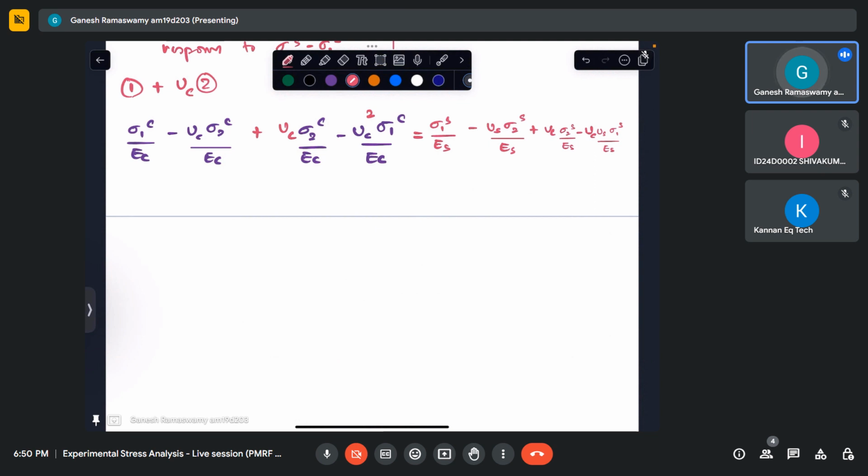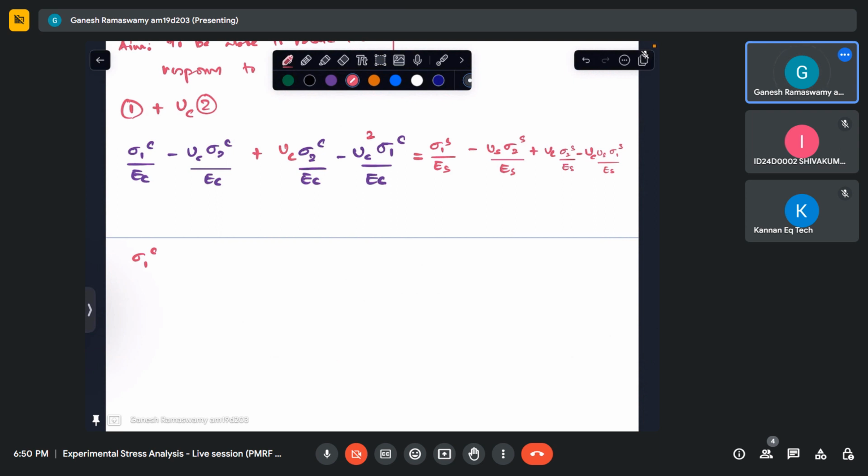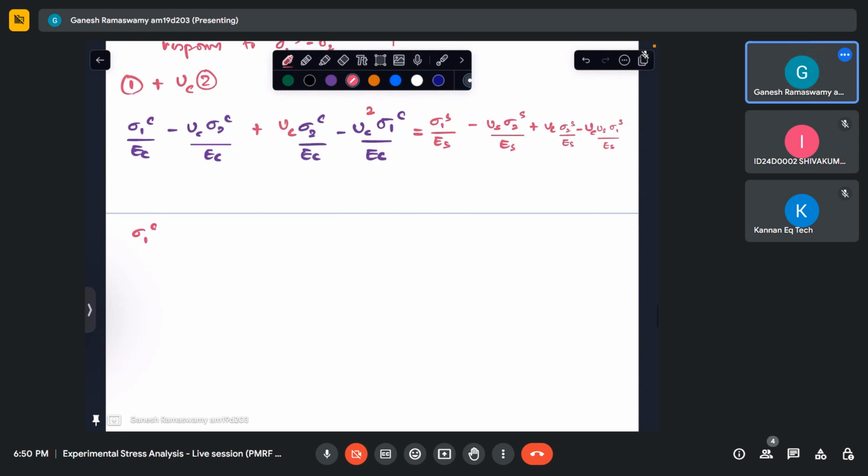So I have 1 minus mu c squared by EC, and then I have sigma 2. I can see that these two quantities cancel out. So this is the left side.